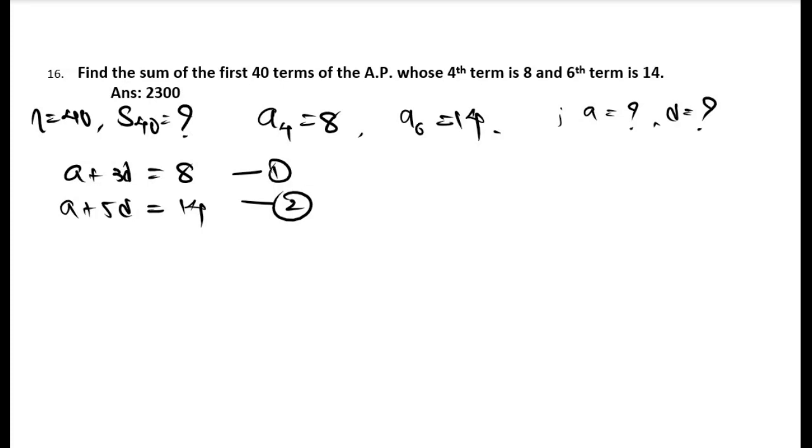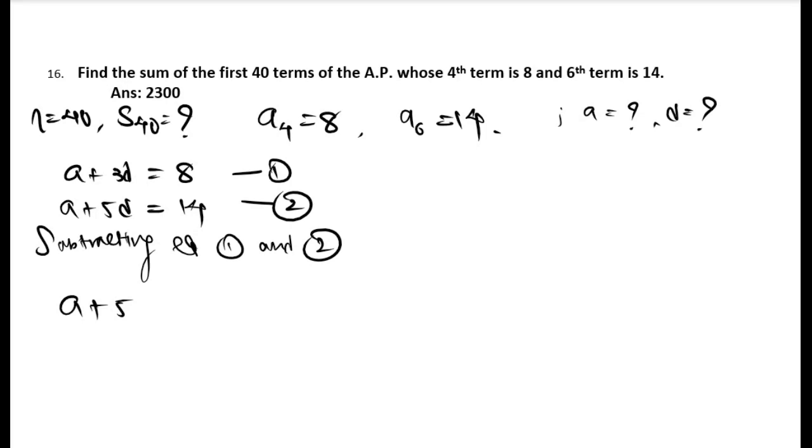Now what I'll do is subtract equation 1 from 2. I'm using the method of elimination by equating coefficient. Pair of linear equation in two variables, simultaneous linear equation, right? So a plus 5d is equal to 14 minus a plus 3d is equal to 8.